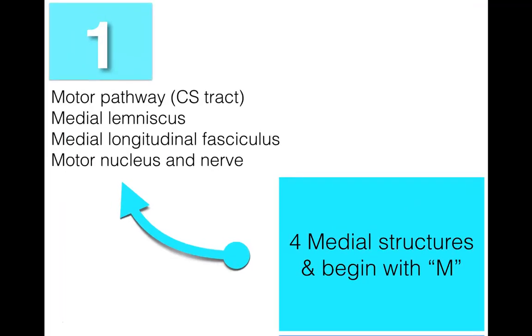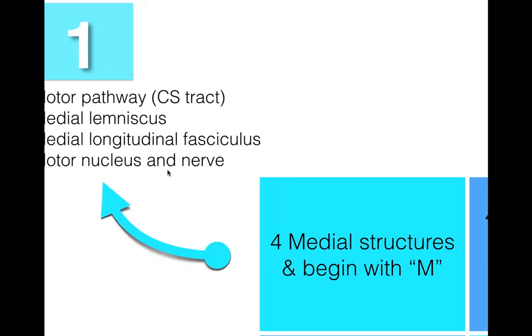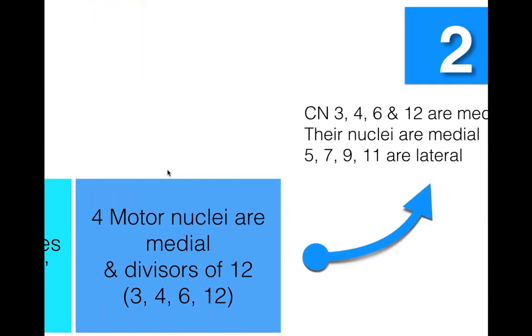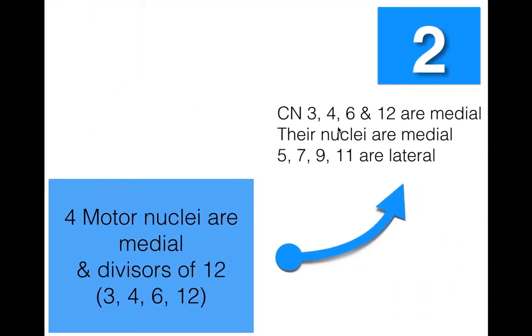So what are these 4 important medial structures that begin with the letter M that are located on the brainstem? One of them is the motor pathway. Of course, the formal name for this is the pyramidal tract or the corticospinal tract. Then there's the medial lemniscus, the medial longitudinal fasciculus, and the motor nucleus and nerve of cranial nerves number 3, 4, 6, and 12.